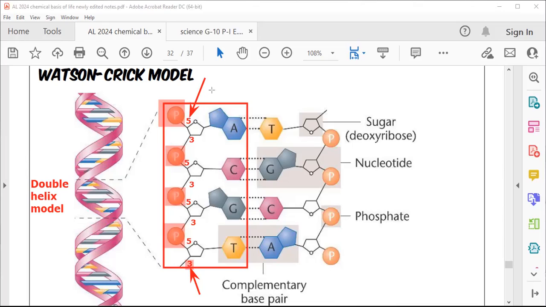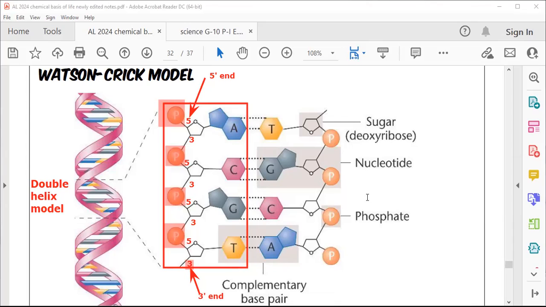That place we call the 5' end. How do you call it? 5' end. And this end is called the 3' end. Understood? So what is meant by the 5' end?